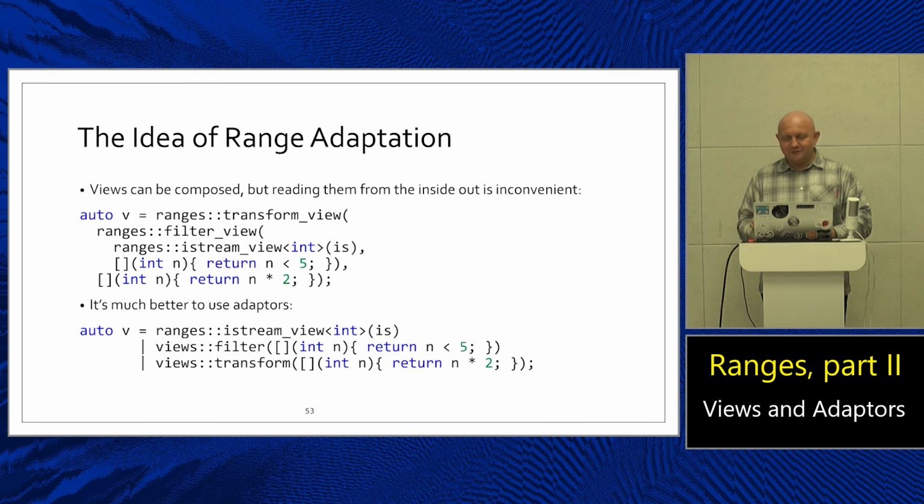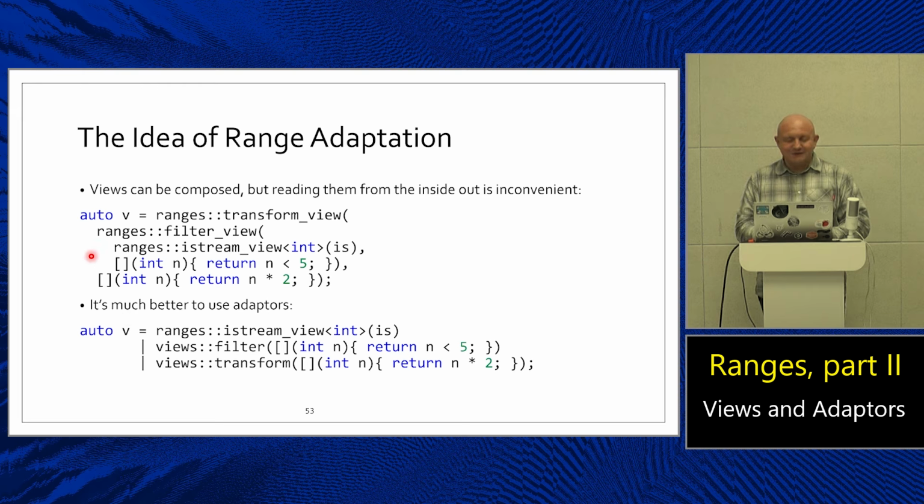At this point, you might reasonably ask, okay, but what was all of this for? Why do we need those views? The answer is this beauty on this slide. Because now, if you don't mix up filter and transform, and if you don't accidentally step into UB, you can finally write code like this.